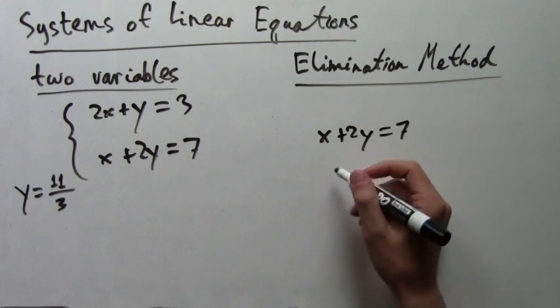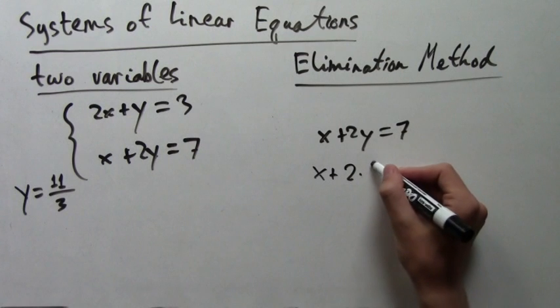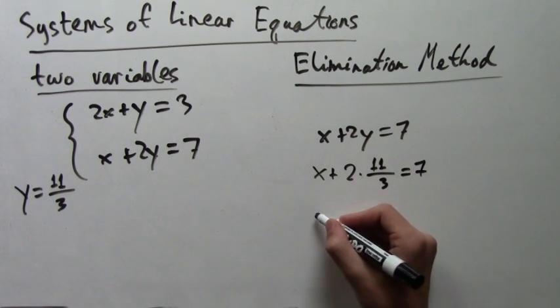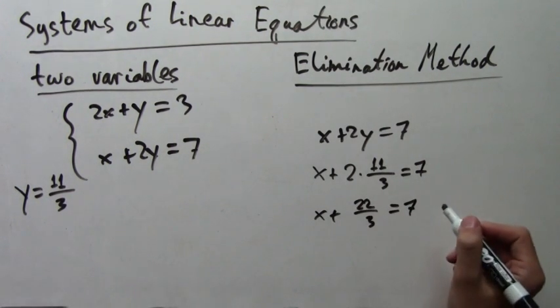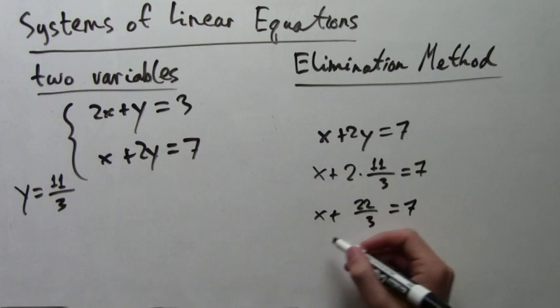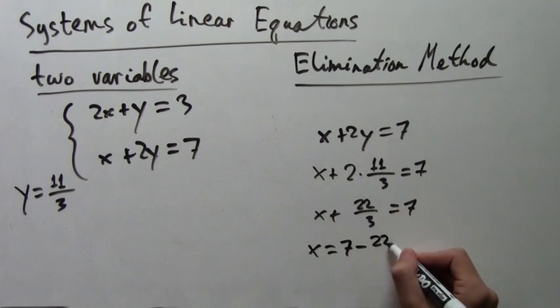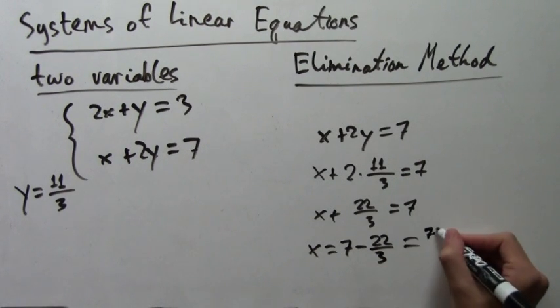if x plus 2y equals 7 and we plug in y equals 11 over 3, then we get x plus 22 over 3 equals 7. So now we solve for x. We just subtract 22 over 3 from both sides, and we have to find the common denominator.